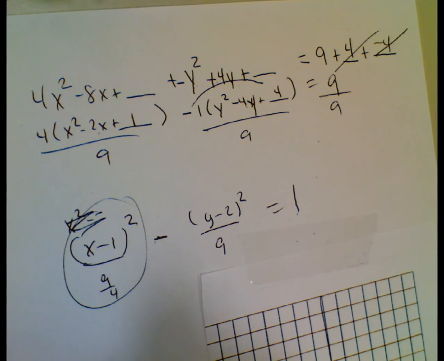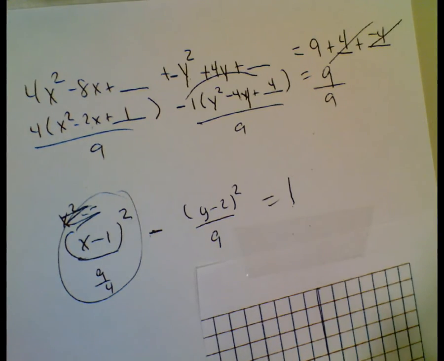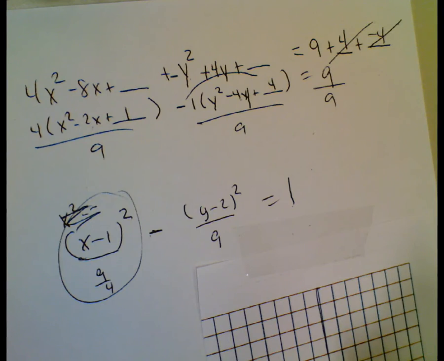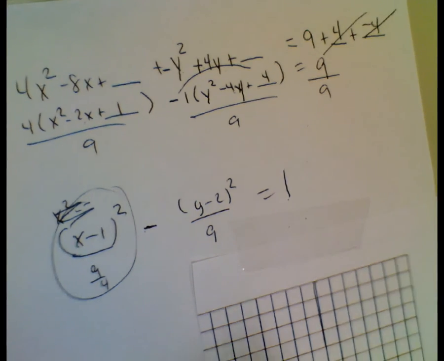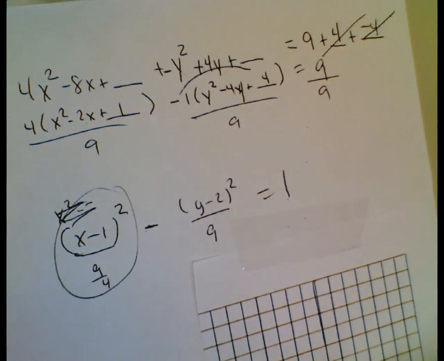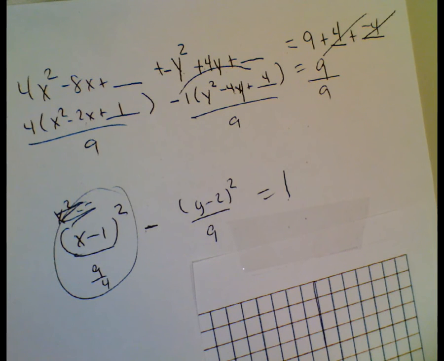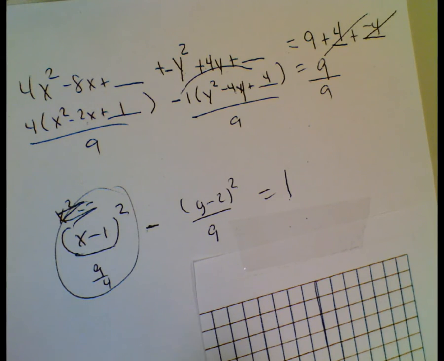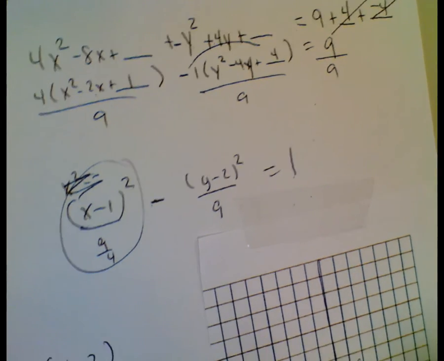So a is plus or minus 3/2, which is 1.5. And it's going right and left. 1.5, 1.5. So those points are 2.5, 2 and the other one is negative 1/2, 2. Those are my vertices.